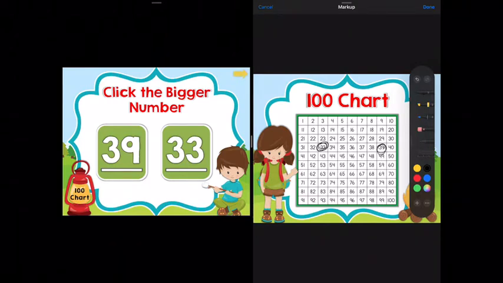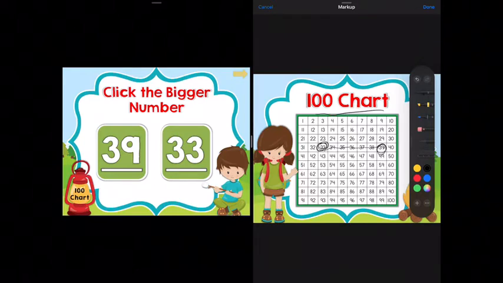And in the ones place, there's a 9, and then there's a 3. Now, if we look at our 100 chart, we can tell that once we move right, the numbers get bigger, right? So if we're at 33 and we're moving right, the numbers get bigger. So 39 would be the bigger number.